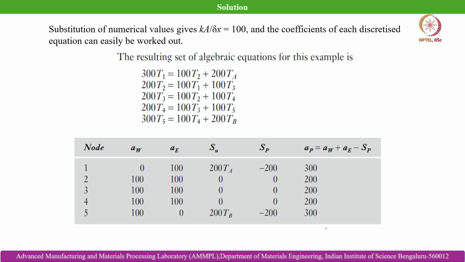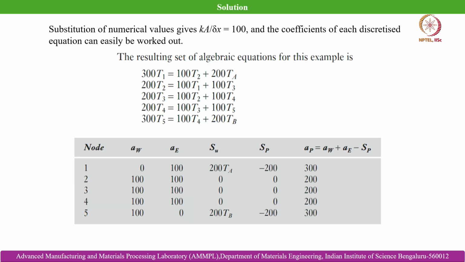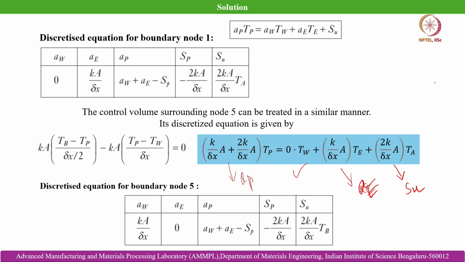From here we can identify the resulting set of algebraic equations corresponding to each individual node. How can we get that? You can see that we have already written this expression, which you need to repeat, that is APTP is equal to AWTW plus AETE plus SU.